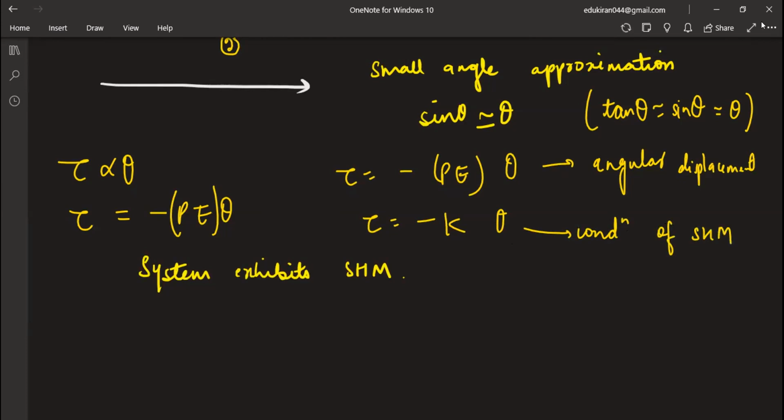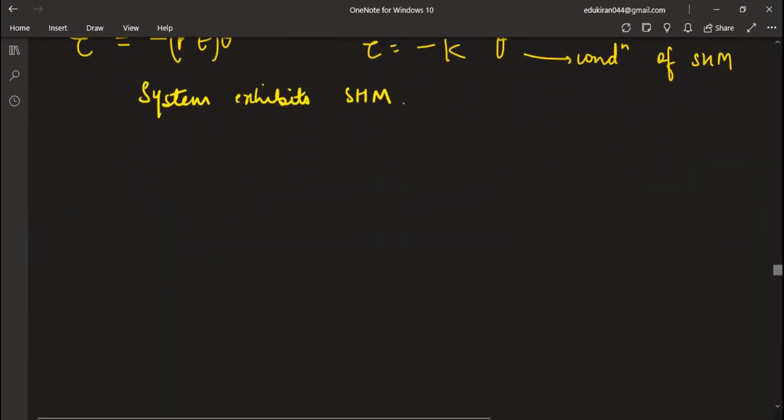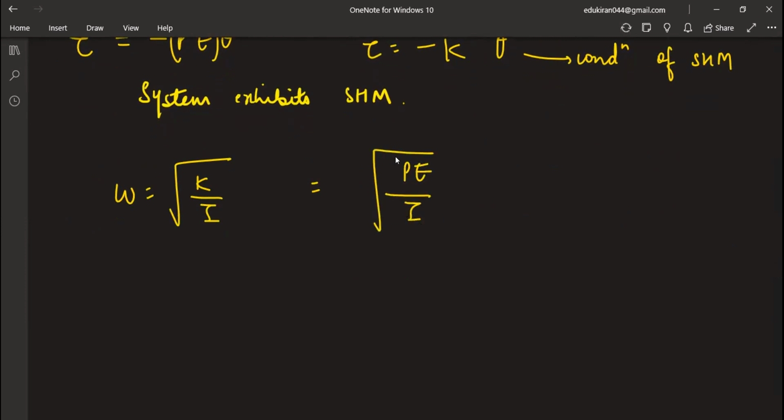Now, if you have to find the time period, see, omega is root of K divided by I. What is the constant we are getting? PE divided by I, right?